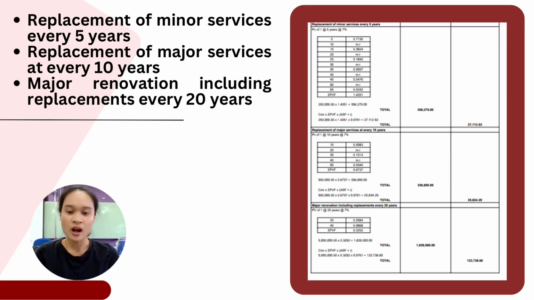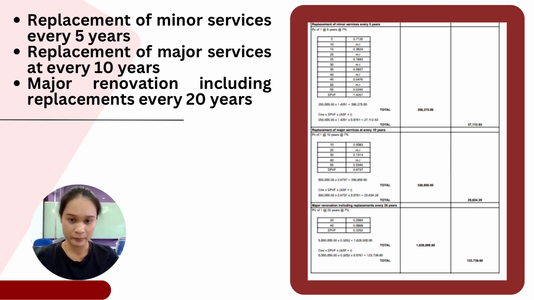Next is the replacements of major services every 10 years. Similar to the previous calculations, we only consider the relevant 10 years intervals, while the years that fall under the 20 years major renovations are excluded to avoid double counting. For the present value method, we multiply the replacement cost of 500,000 ringgit by the total PV factors of 0.6737, resulting in a present value of 336,850 ringgit.